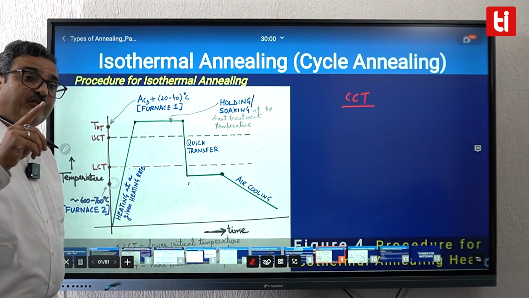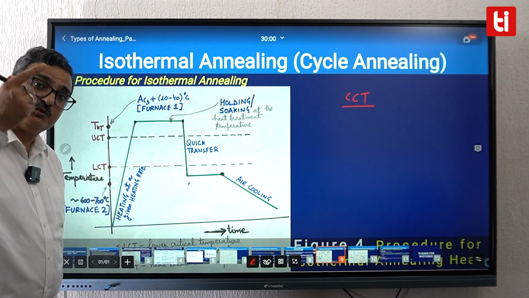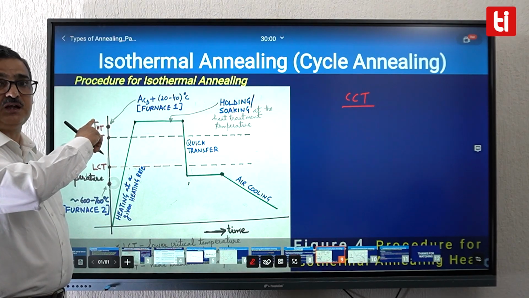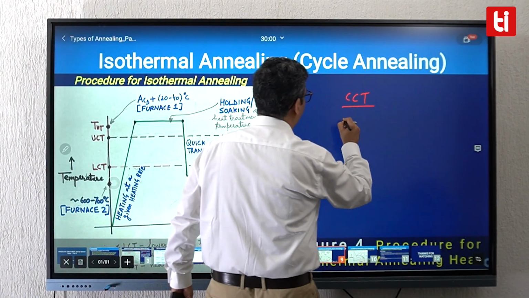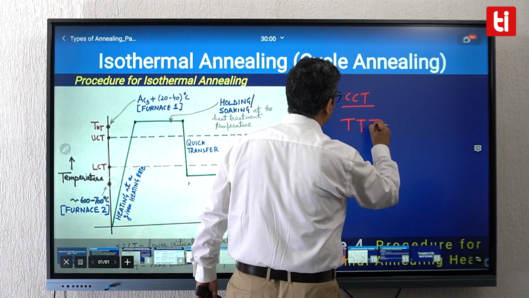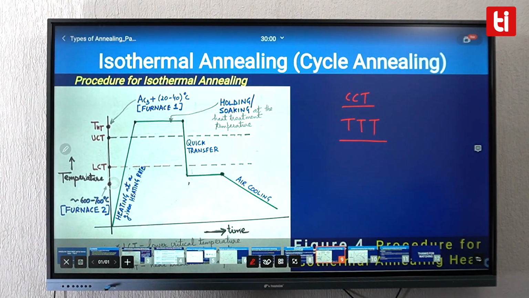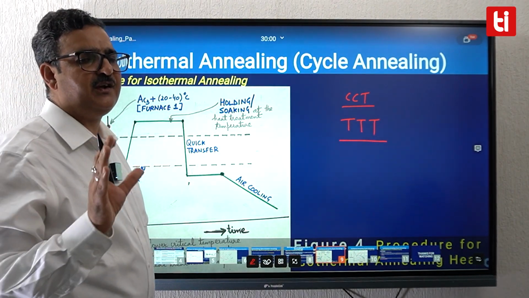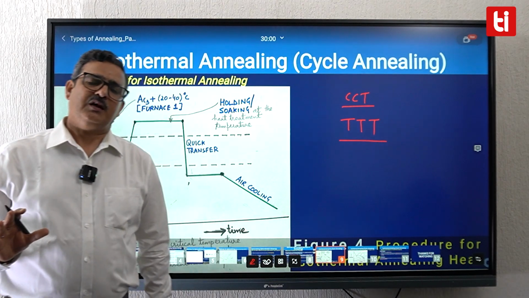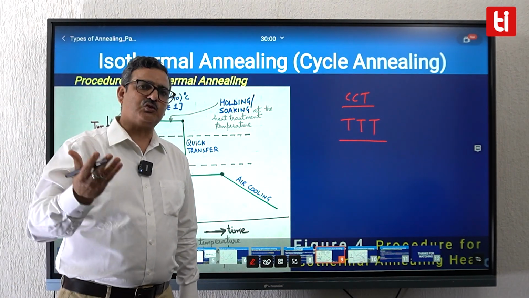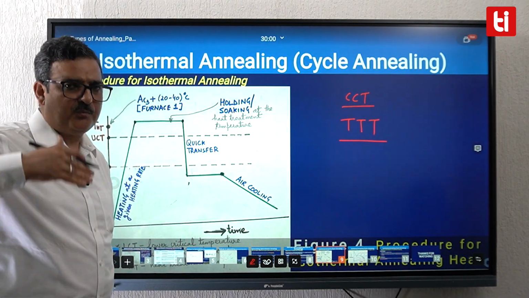But if austenite transformation is happening isothermally, as is the case with isothermal annealing, who would give you a better representation of what is happening during cooling? The TTT diagram. But here now, first I am showing you on a simple time temperature diagram that if any steel has to be given isothermal annealing, what would be the processing route?